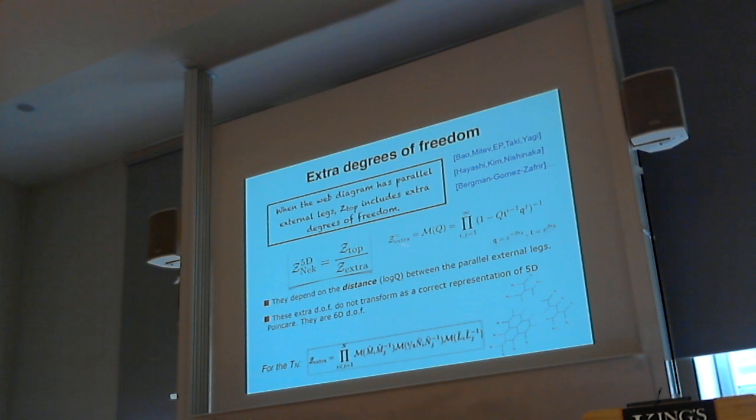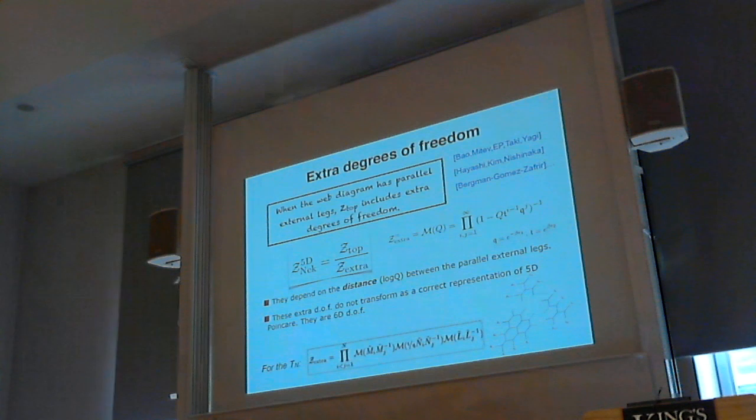These extra degrees of freedom, here I give an example, when you have only two parallel external lines, are given by this special function that is given as this infinite product. Q is a parameter that will correspond to the distance between the two external lines, and q and t correspond to the Nekrasov Omega background.